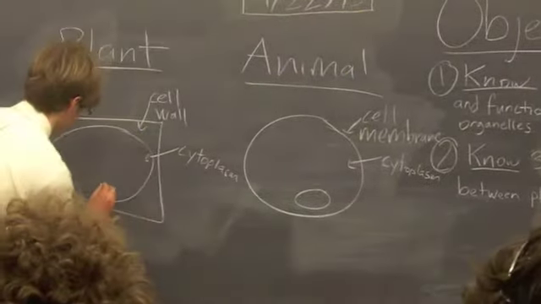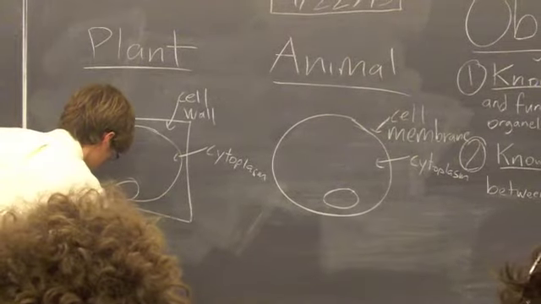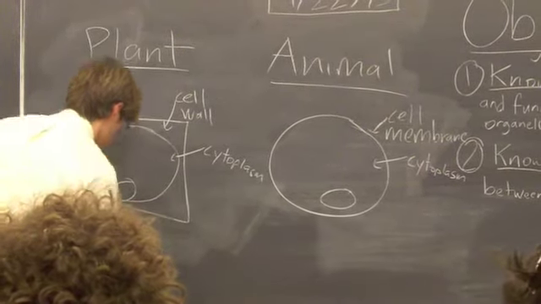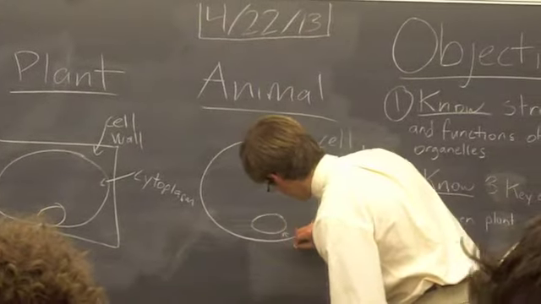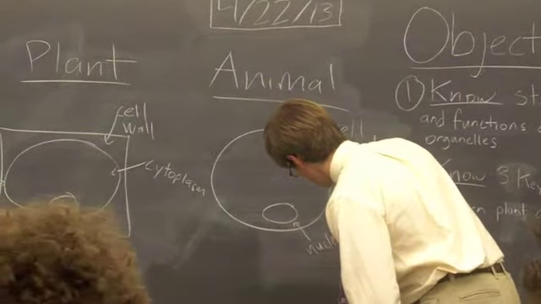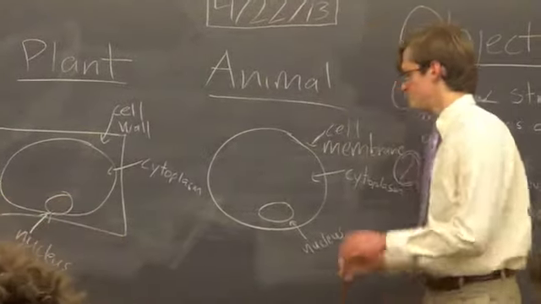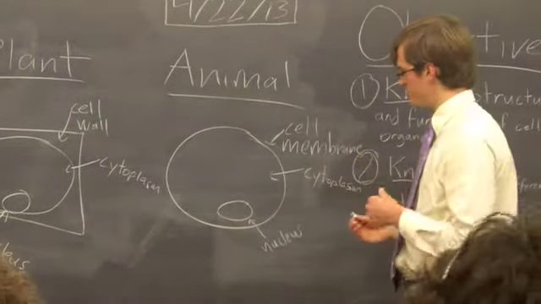Next, we have something called the nucleus. Now the nucleus is what I like to consider the control center of the cell. It's the control center because it regulates energy consumption, energy usage.